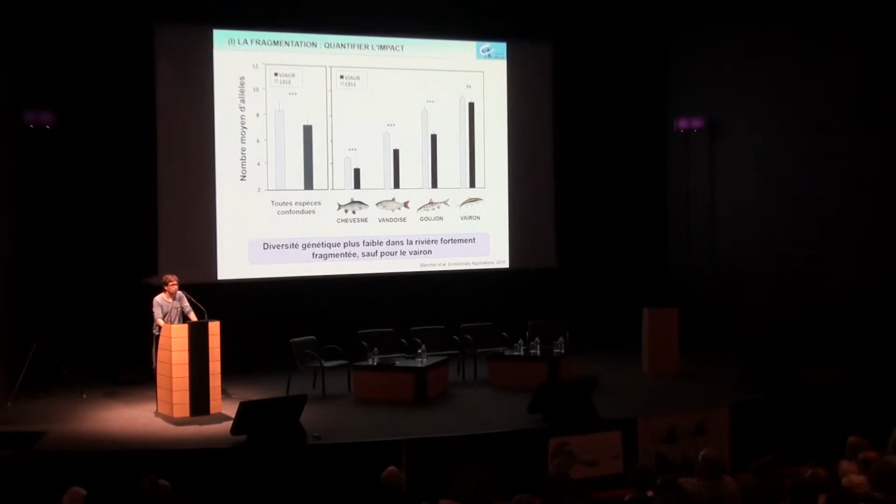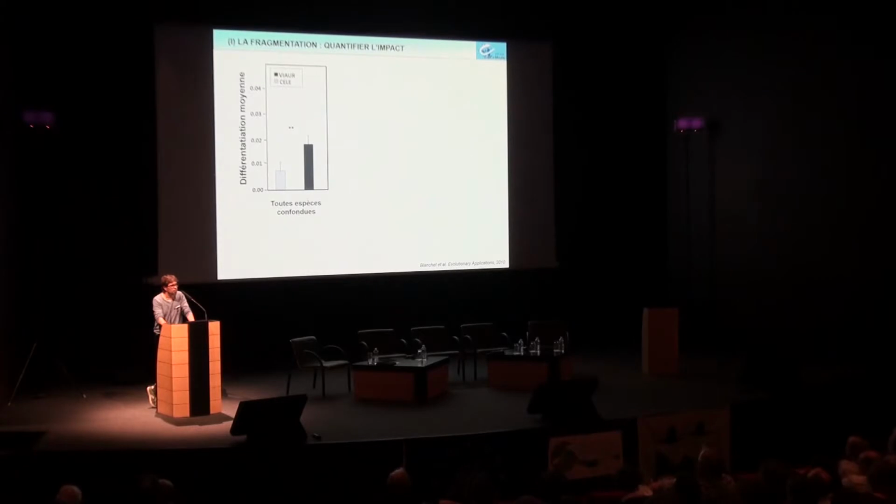If we take species by species, we can see that for 3 of them, Chevesne, Vendoise, and Goujon, the fragmentation is significant, and for the smaller species, we don't have a significant impact. So, generally speaking, it follows the theory, except for the smaller species.